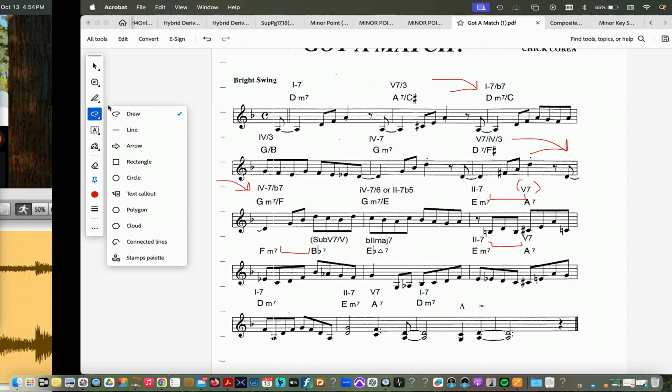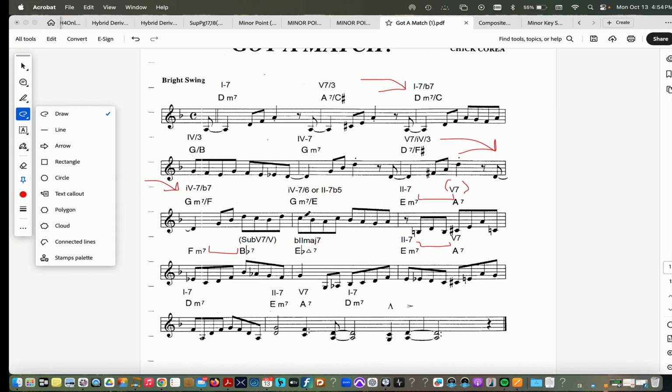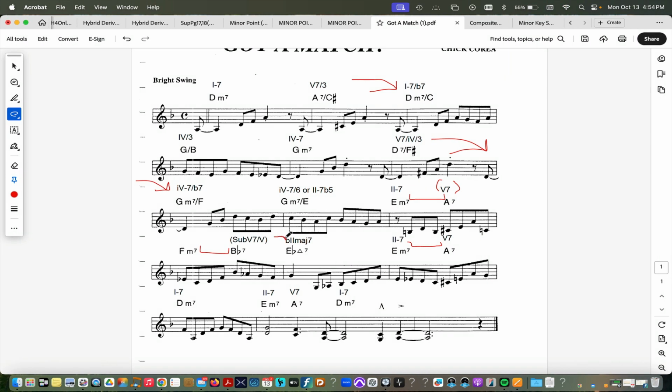So we would draw the arrow, even though it's deceptive, because it's going down a fifth. To flat 2 major 7, modal interchange chord or composite minor chord. 2 5, draw the arrow. 1 2 5 bracket, arrow 1.